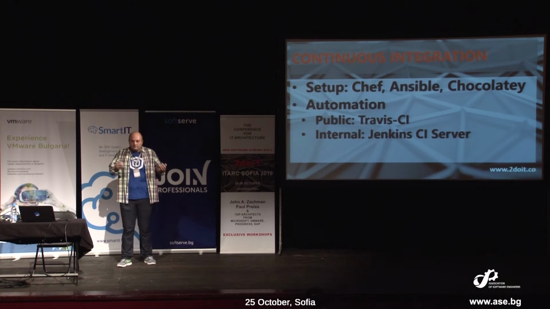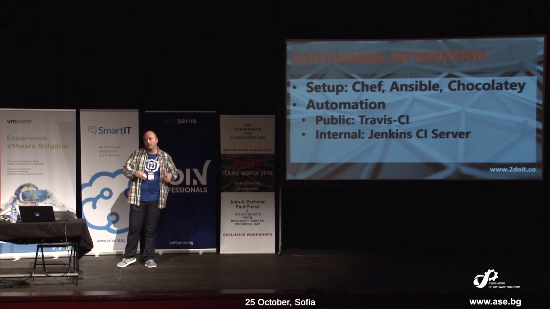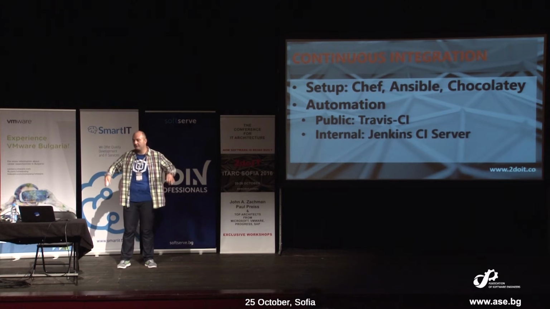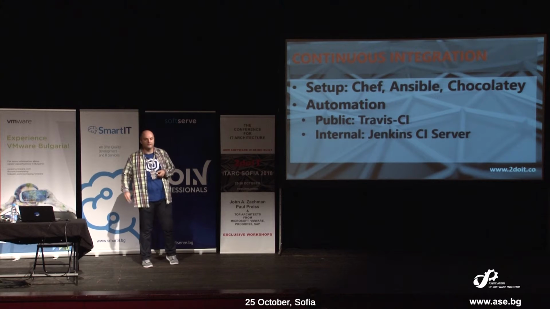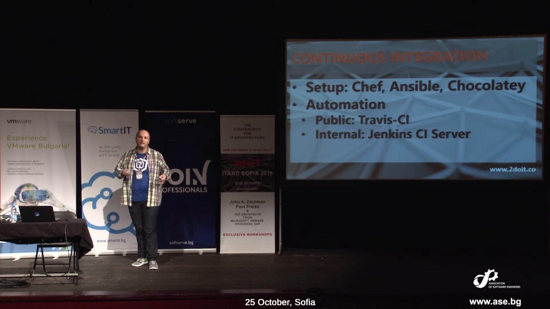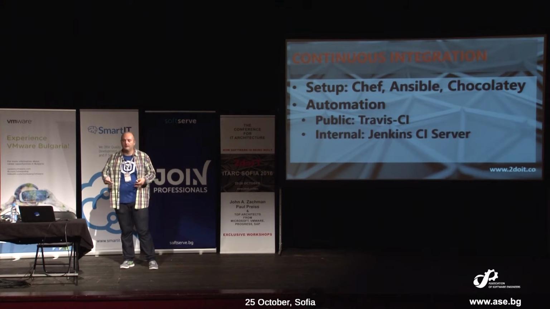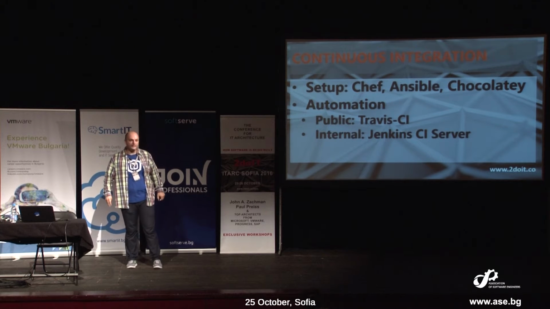So with that, after calculations, the team decided that we will have an internal structure which is built with the Jenkins CI server. The internal infrastructure is utilizing the Jenkins CI server, and it is automated. Its build is automated via Chef, Ansible, or Chocolatey.